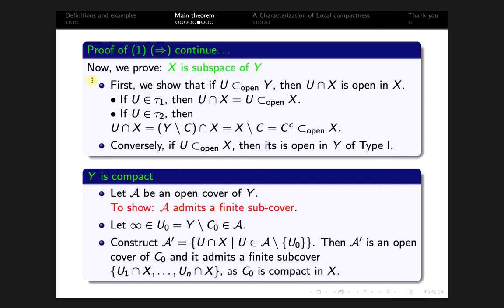Now we have to show that this topological space Y satisfies conditions 1 to 3.